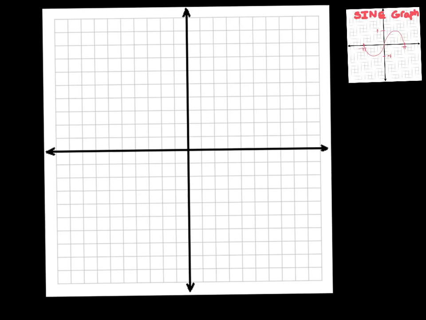So let's notate this first. Cosine graph. It also has a domain of negative pi to positive pi, and a range of 1 to -1.